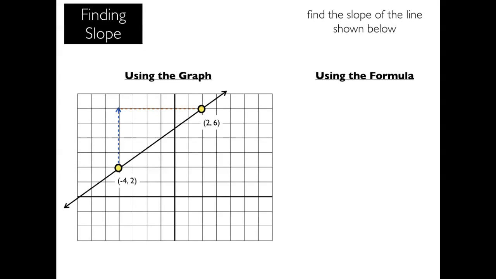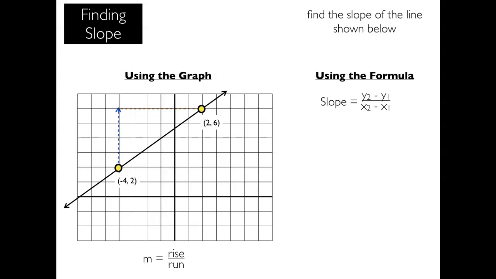We can find the slope using the graph. Here we have a line and we've got two ordered pairs, which are our points, 2 points on the line. We can use the formula for rise over run by finding the change in the second y value minus the first one, and then the change for the x value, the second one minus the first one.